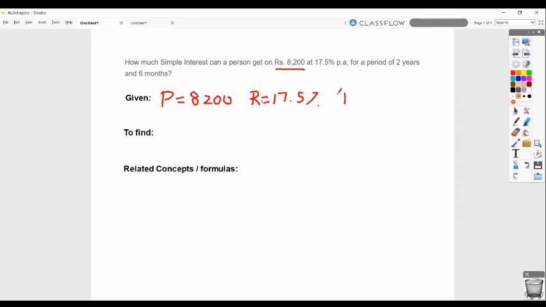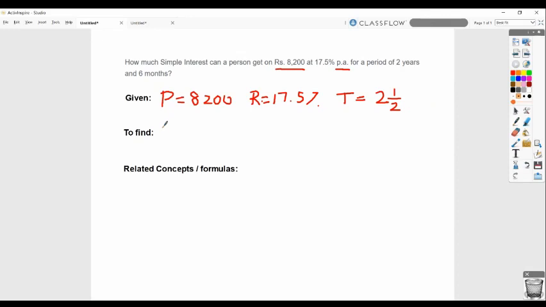Then time is given as 2.5 years. Mind you, here it is per annum, that means per year, so even the time must be converted to years. 2 years 6 months is nothing but 2.5 years. So this is what is given.